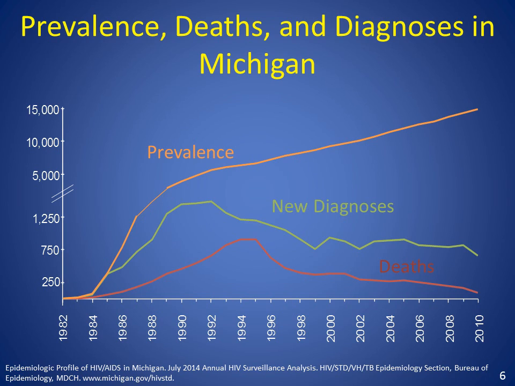You can see even while the prevalence continues to go up, the rate of new diagnoses is actually trending downward. This is again because when we have people on medications and the virus is suppressed, the chances of transmitting the virus go down. And so we have fewer diagnoses due to effective therapy that we have on the market. In addition, as you can see, the overall deaths in the state of Michigan have continued to trend downward as well.